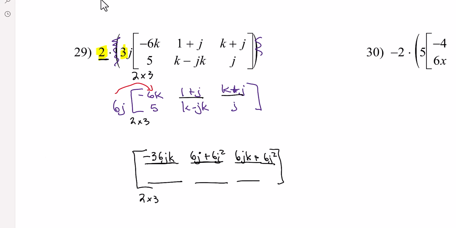Then you go to the bottom row. 6j times 5 is just going to be 30j, and then 6j times k subtract jk, so 6j times k is 6jk. There's a subtract sign. 6j times jk is 6j squared times k.